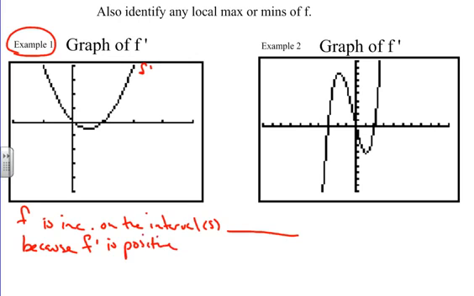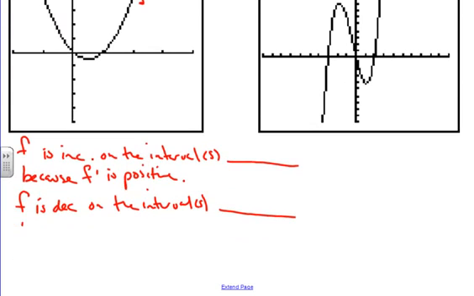We also found that f is decreasing on the interval, or intervals, because f prime is negative.